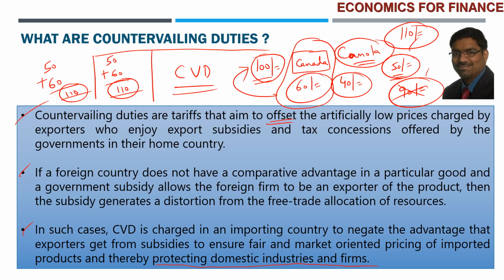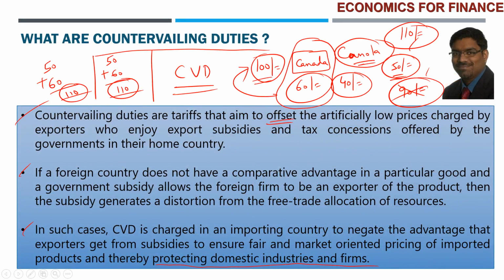So that is the nature of countervailing duties: to protect the domestic industries, to nullify the positive impacts that exporters get from their own countries through export incentives, and to reverse the artificially low prices charged by one country's manufacturer on exporting goods to another country. These are called countervailing duties.